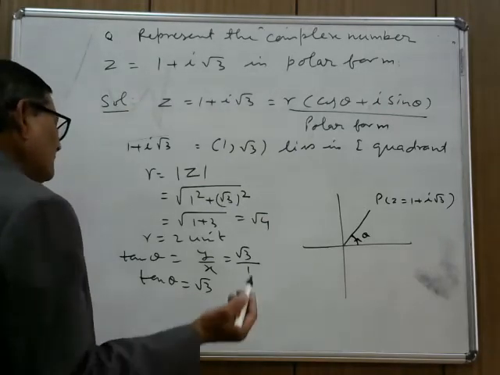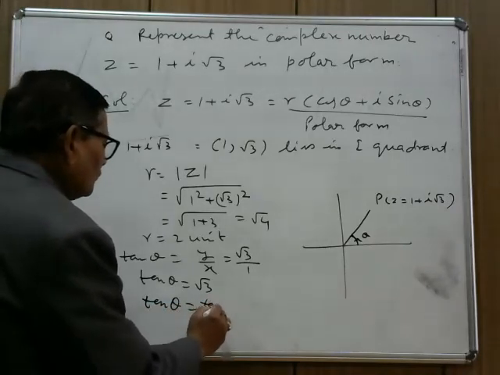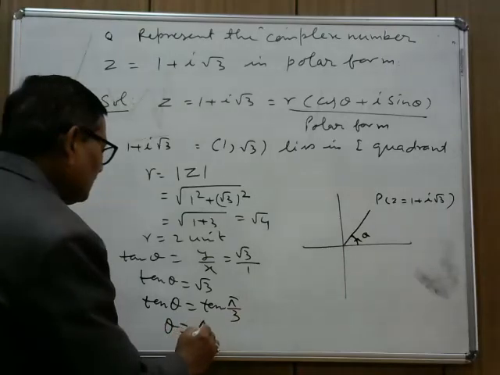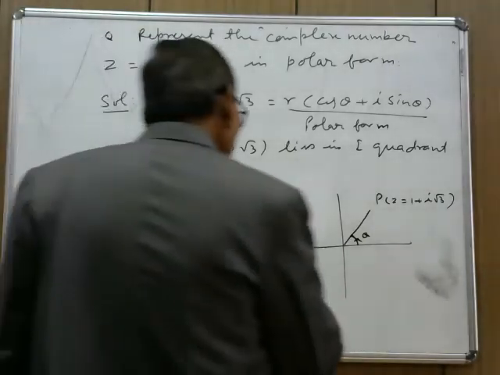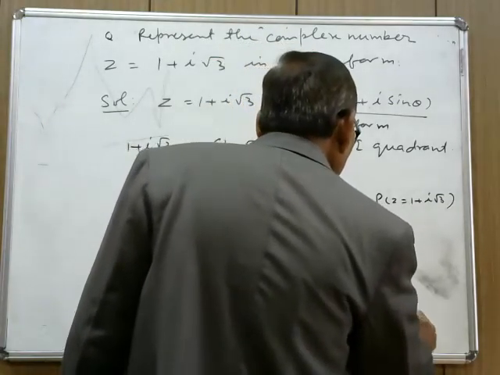Tan 60 is tan pi by 3. So you can write tan theta equals tan pi by 3. This implies that theta equals pi by 3. So your r is 2, theta is pi by 3.